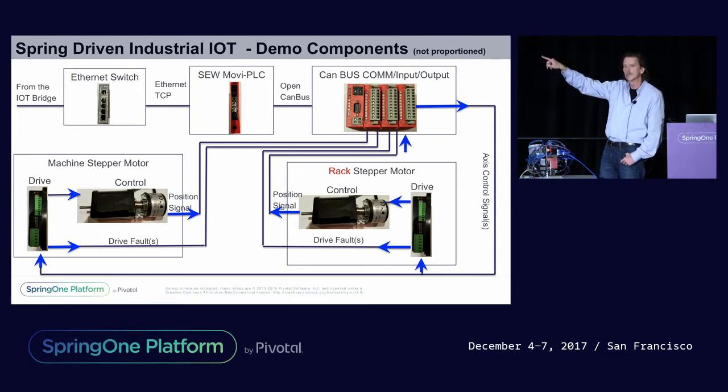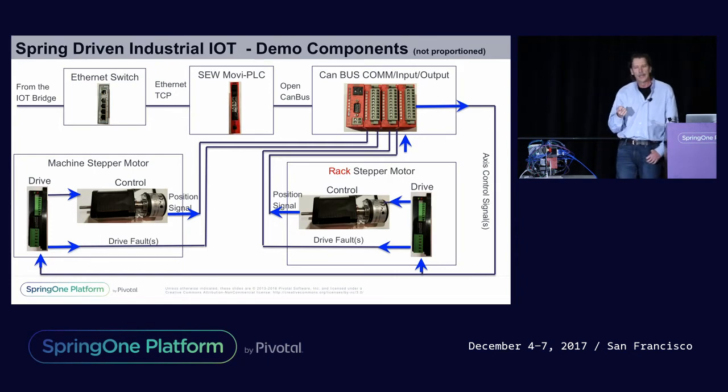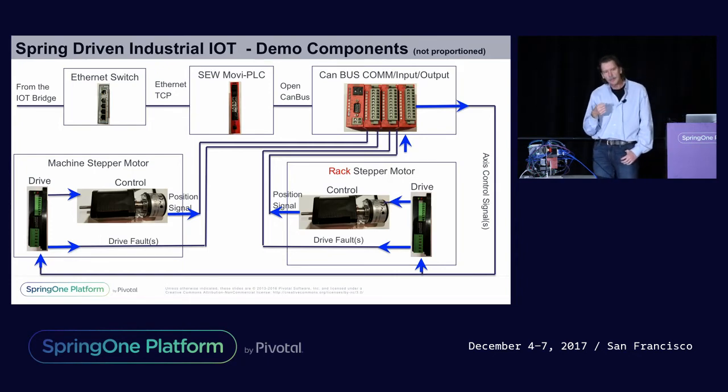Our encoder signals are fed back there in red, along with we're outputting the control signals as far as the step pulses, the direction, and the enabling of the stepper drives. That's coming out of the output out of our I/O.